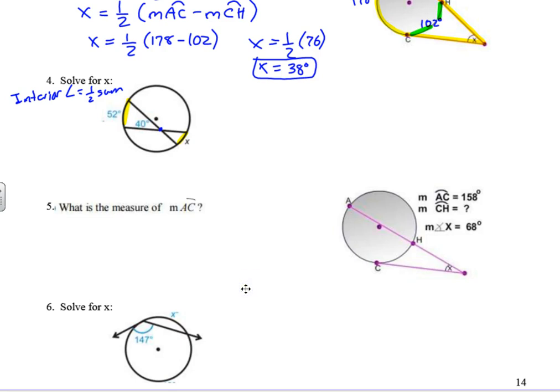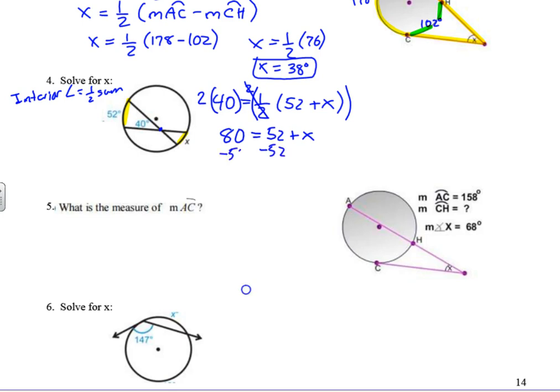The difference this time is that we're given the angle. So 40 equals 1/2 of 52 plus x. The simplest algebraic way to do this is to first multiply both sides by 2. That cancels out the 1/2, and we get 80 equals 52 plus x. Subtracting 52, we get 28 for x.